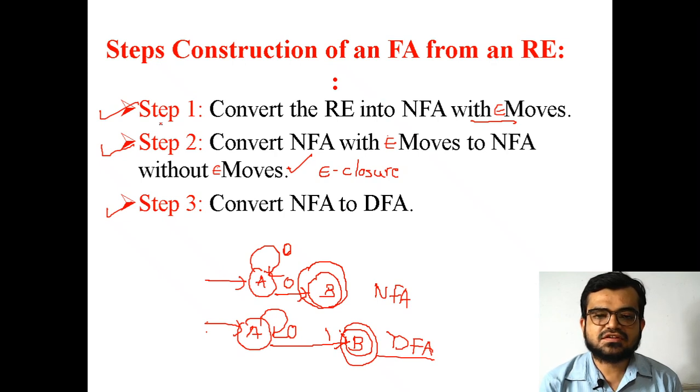The first is we need to convert to an NFA with epsilon moves, and that NFA with epsilon moves should be converted into an NFA without epsilon moves, and the process of converting them is performed through epsilon closure. And after epsilon closure, in the third step we need to convert the NFA into a DFA.